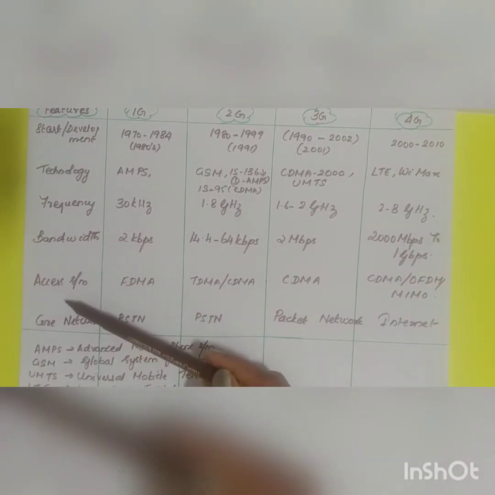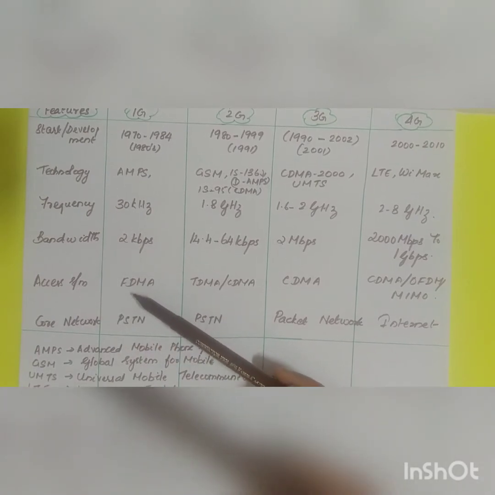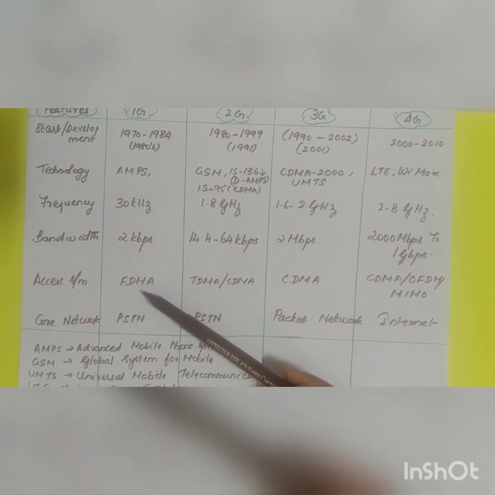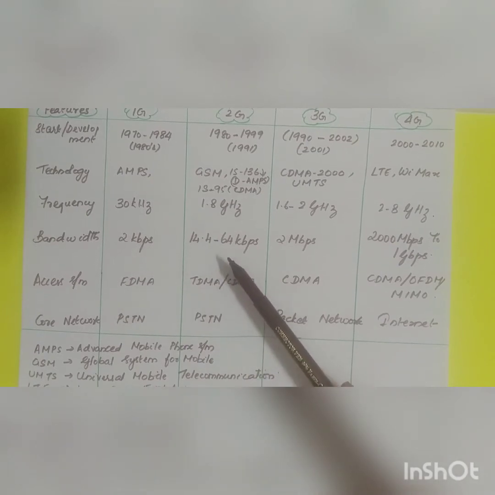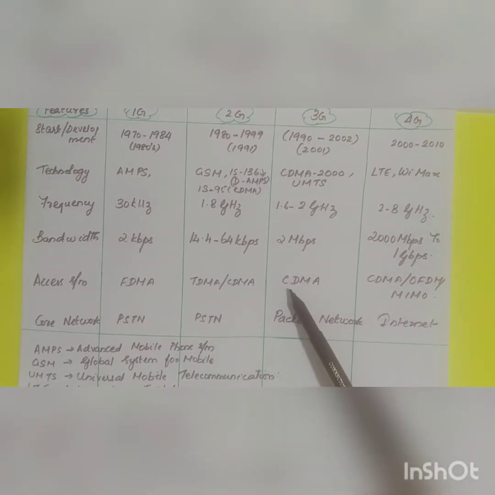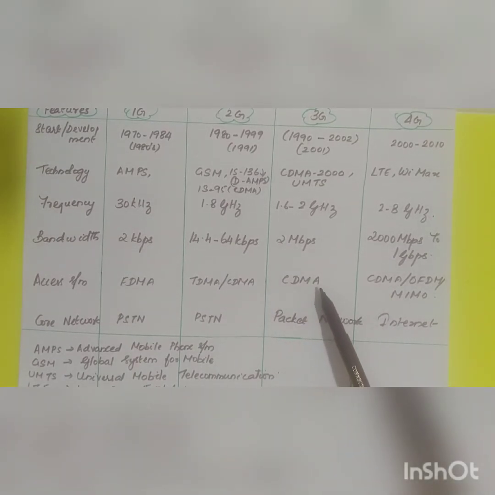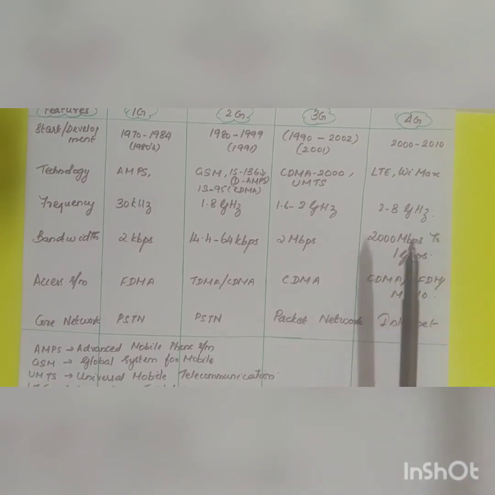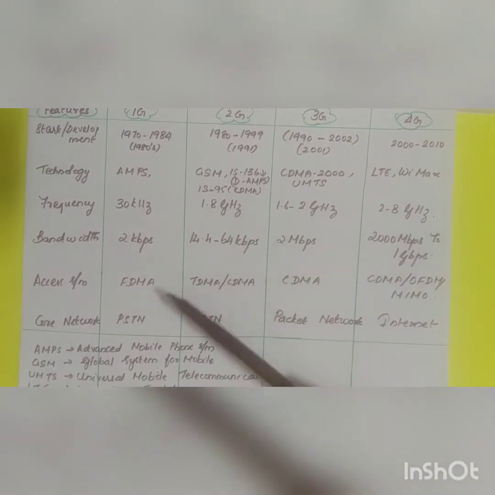Next, access systems. Your first generation used FDMA technology, where you use only voice channels for voice communication. The second generation used both TDMA and CDMA. 3G used code division multiple access, and 4G used, in addition, OFDM and multiple input multiple output. All these are your features.